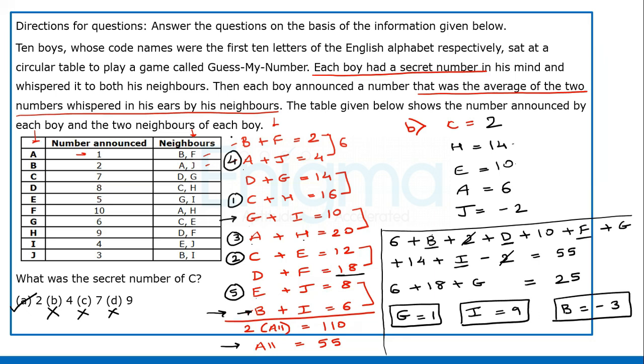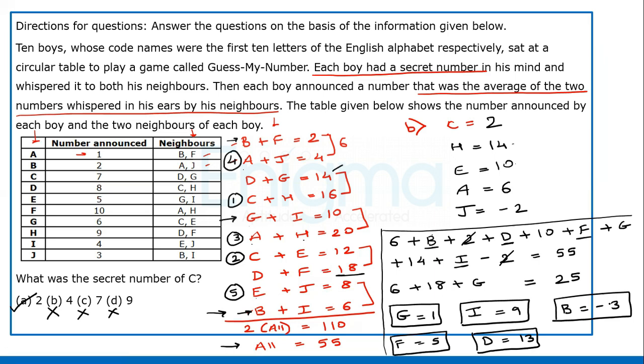Now B is -3. So therefore F comes out as 5. Now F is 5. Therefore D comes out as 13. Now let's just verify with the next equation for D. D plus G. So 13 plus 1 we get 14.